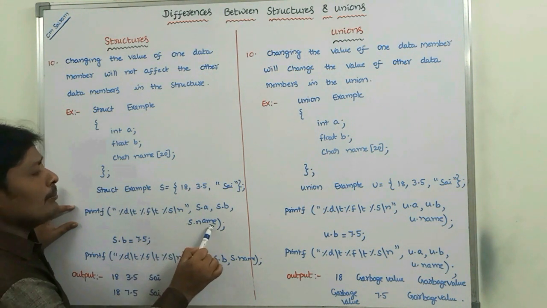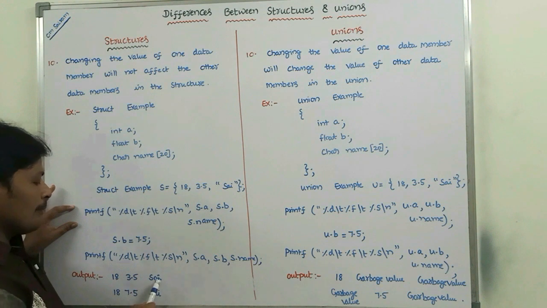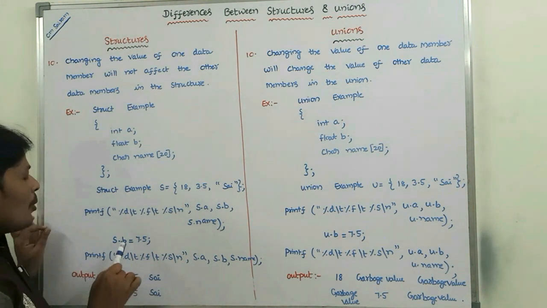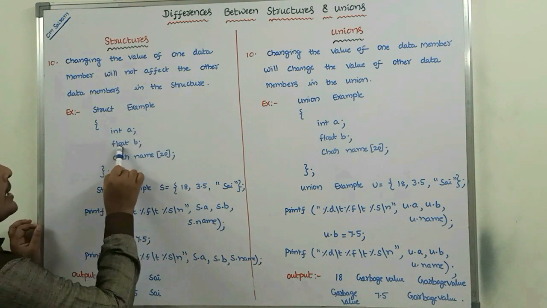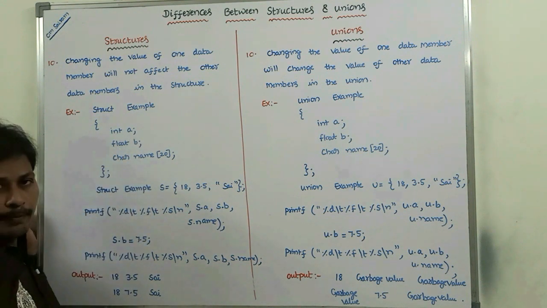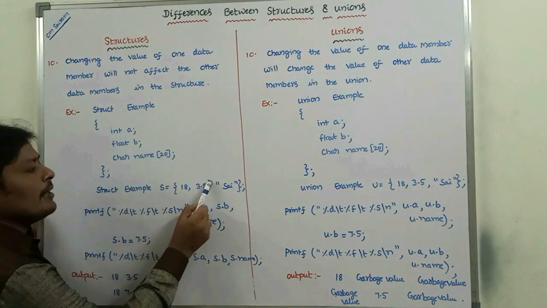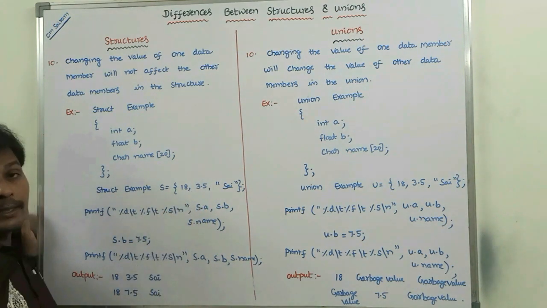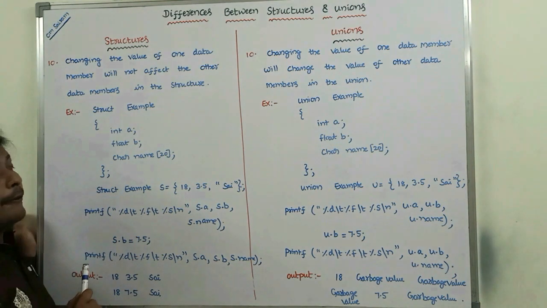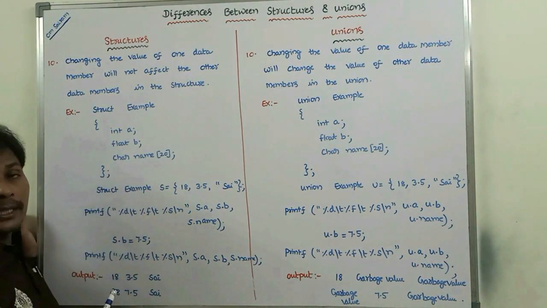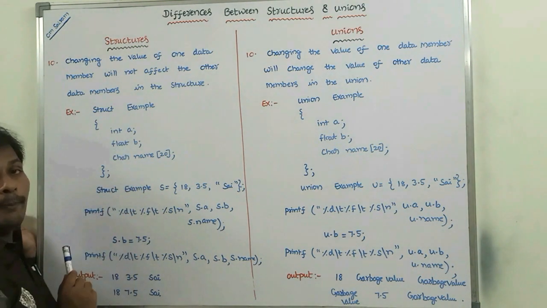S dot name is Sai, that is printed. Now we are changing the value of the data member float b. Previously its value is 3.5. Now I am changing the value of the floating point data member, b equal to 7.5.